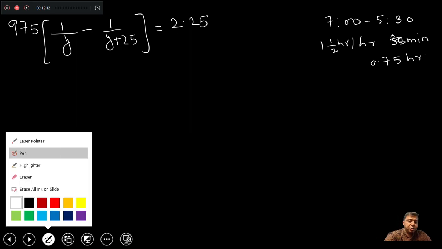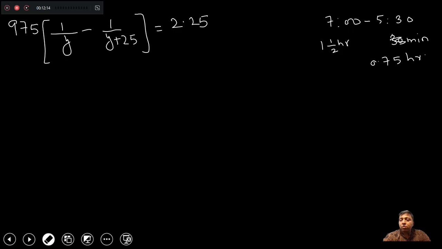I'll write it this way. So to 1.5 hours, if you add half an hour, it becomes 2 hours, 0.25 above that, so that makes it 2.25 hours.